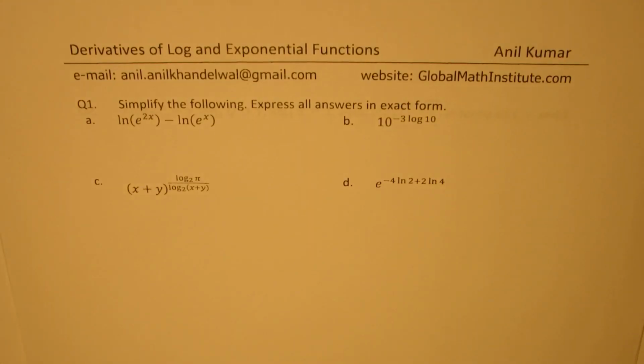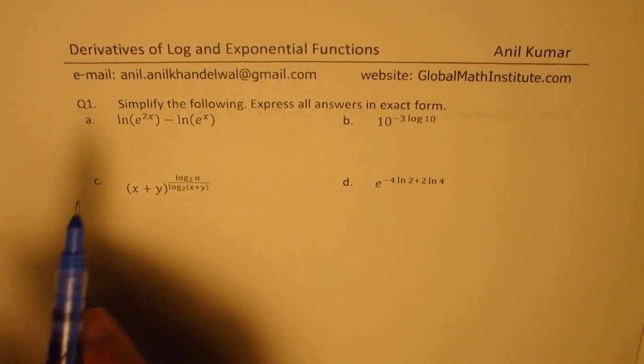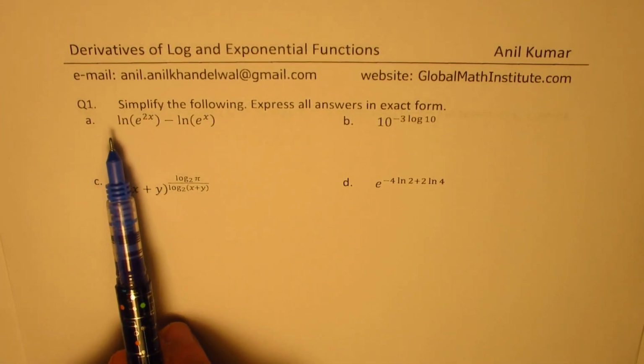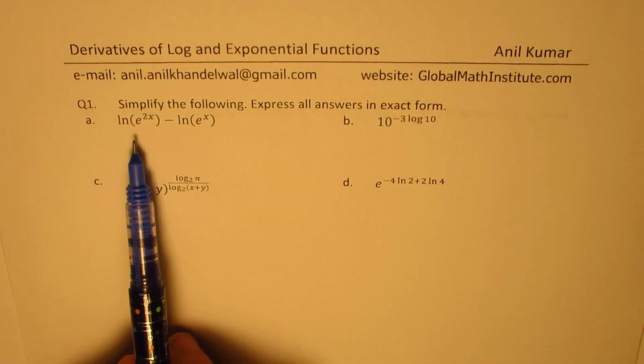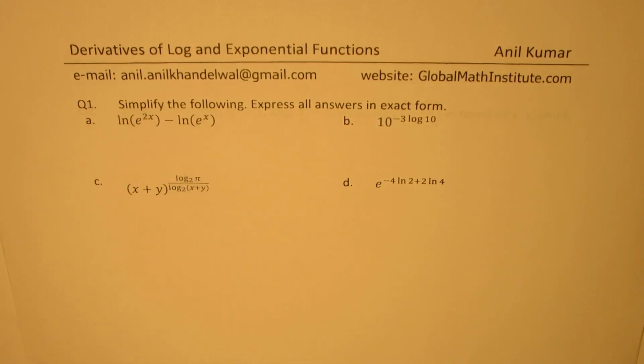Okay, so let's begin with the solution from question number 1 itself, which is: simplify the following, express all answers in exact form. What is this? ln e to the power of 2x minus ln e to the power of x.